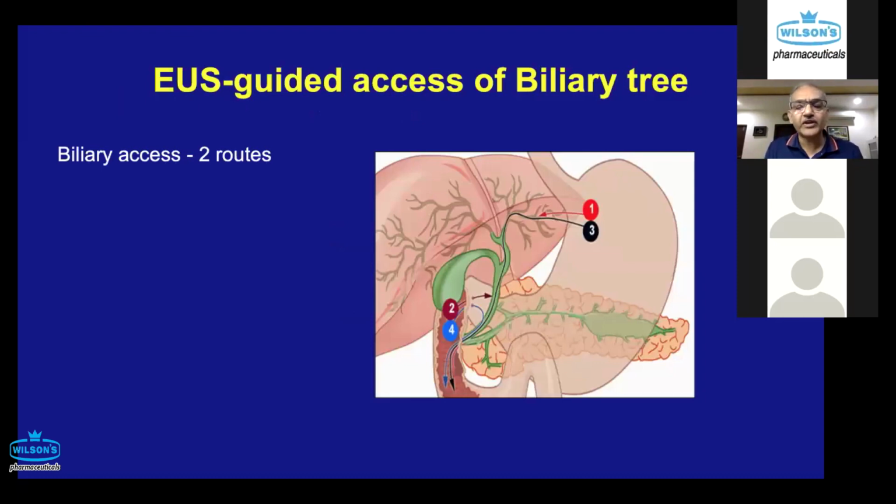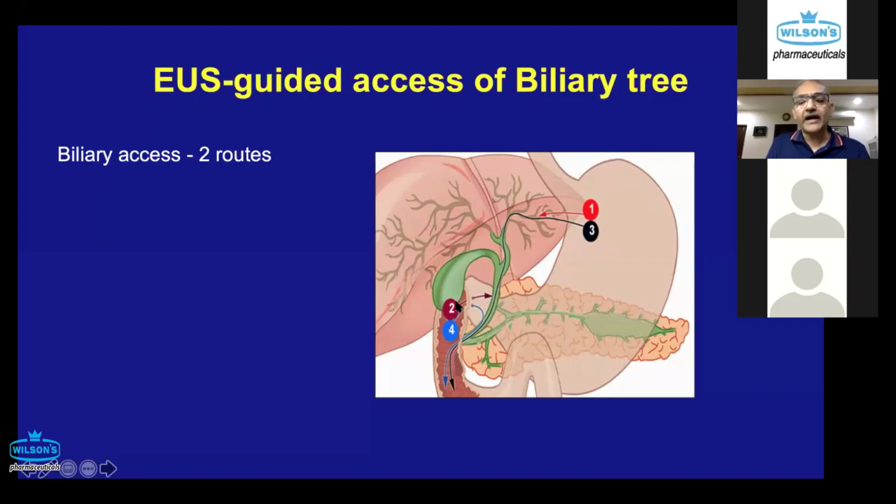So when we say biliary access, this is a very common diagram which I use, which was published in a Spanish journal from a friend. The bile duct can be entered from the stomach, the left hepatic duct, and then you can descend down from the left hepatic duct into the common hepatic duct, bile duct, and the ampulla of Vater with the guide wire. The other way to enter the biliary system, if it's dilated in the lowermost part, is to enter from the duodenum.